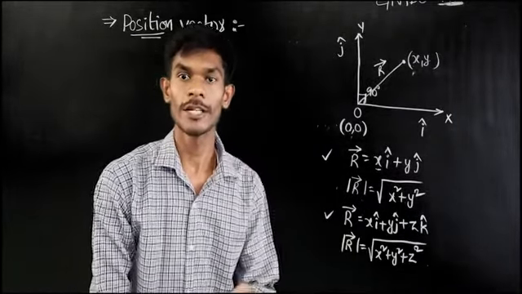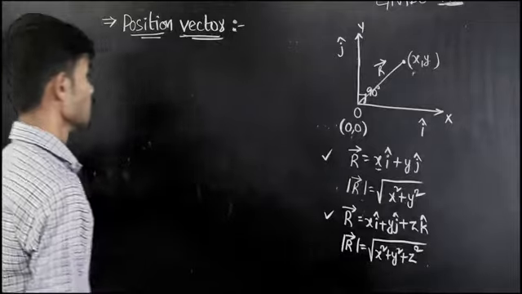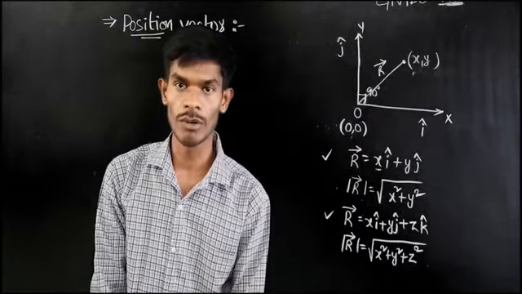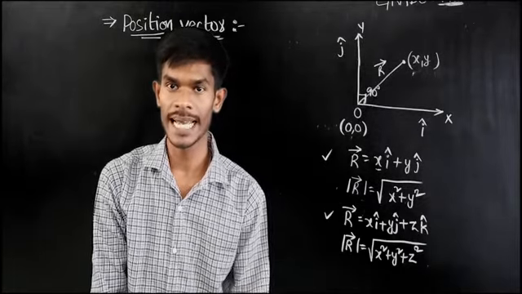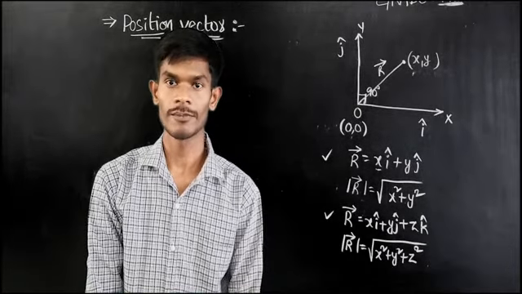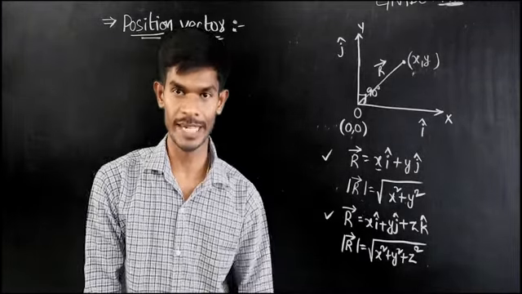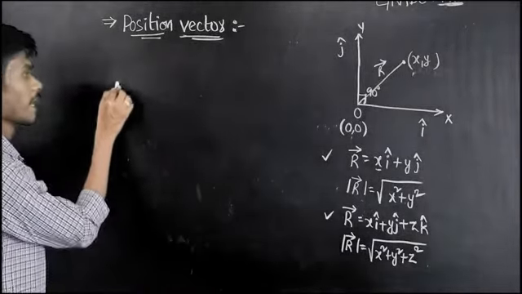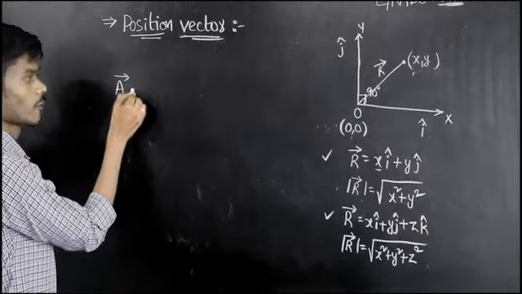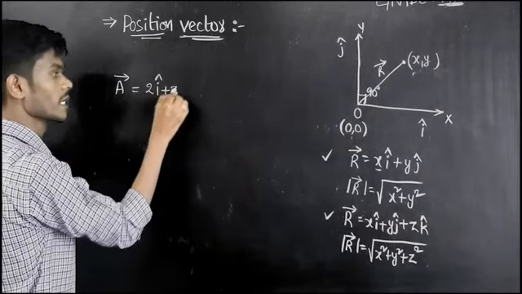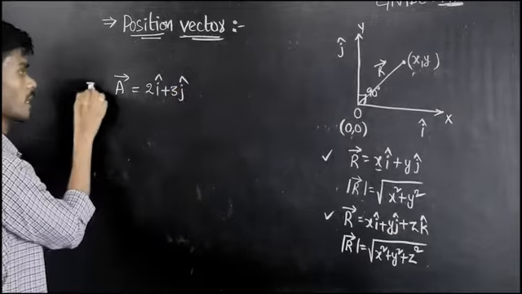Then by making use of the position vector, meaning the magnitude and the representation of a vector, how can we find the unit vector? See, unit vector means what? A vector whose magnitude is equal to 1 is a unit vector. So how can we find a unit vector along a given vector? Suppose a bar is equal to 2 i cap plus 3 j cap.